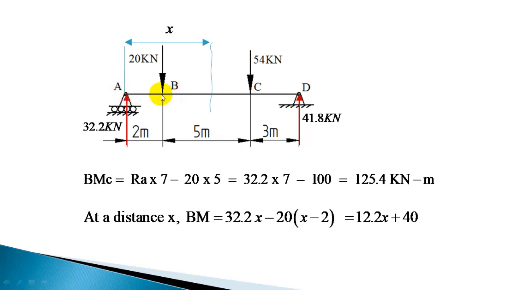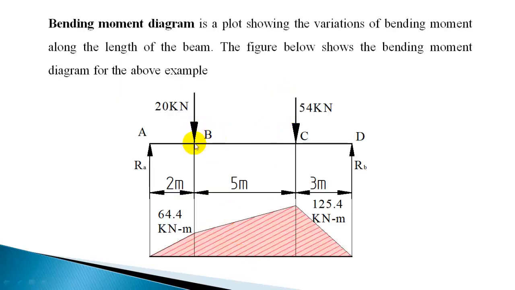Only at B we got 64.4, C we got 125.4, and we know the variation of bending moment. Okay, here it is 0, you get 64.4 here, and here 125.4, and the variation is linear, and from 125.4 to here it is 0, the variation is linear. So you can draw the bending moment diagram. So the bending moment diagram, you can show the variation of bending moment.